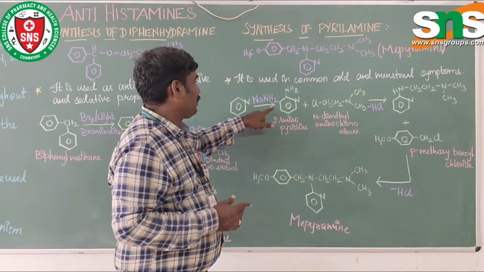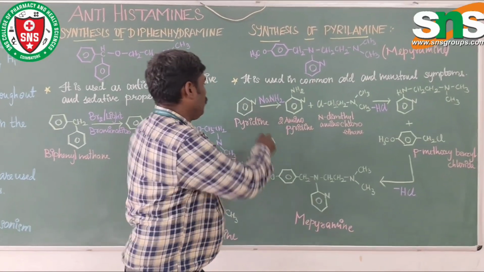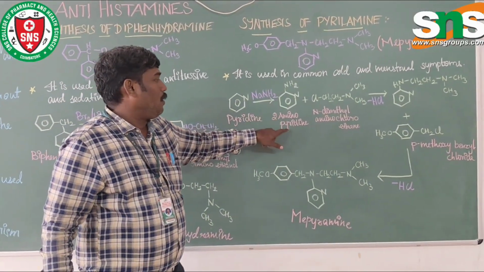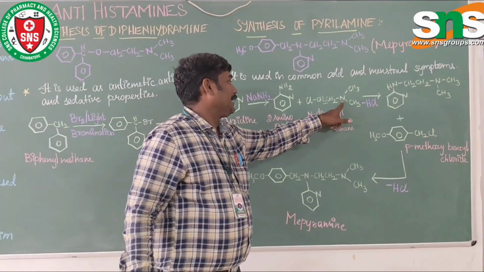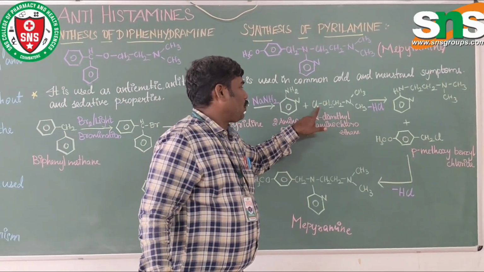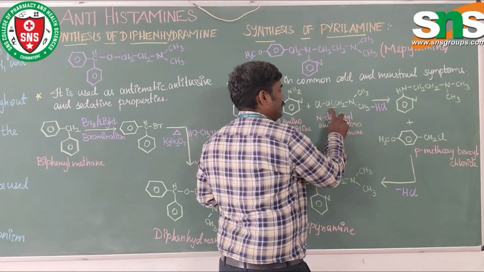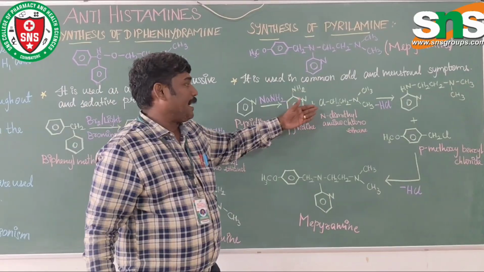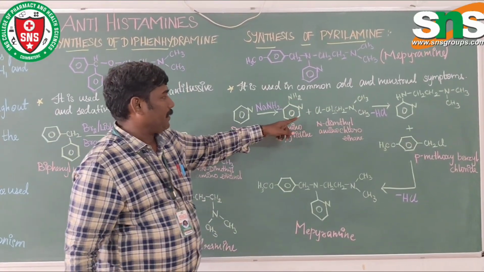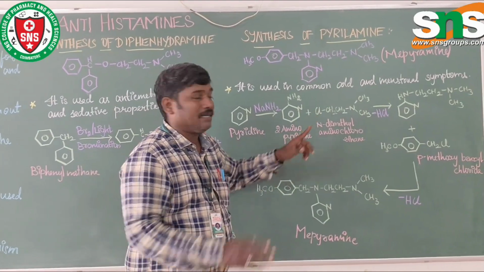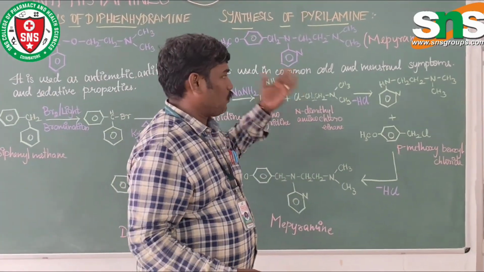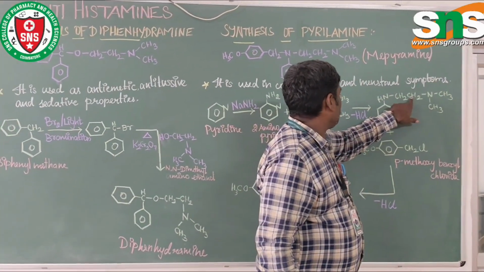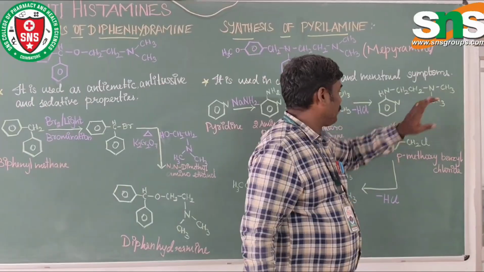This 2-amino pyridine is treated with N,N-dimethyl amino chloroethane, Cl CH2CH2NCH3CH3. One hydrogen will take the chlorine and be eliminated as hydrogen chloride. What remains is an NH group attached to the pyridine, then CH2CH2NCH3CH3.